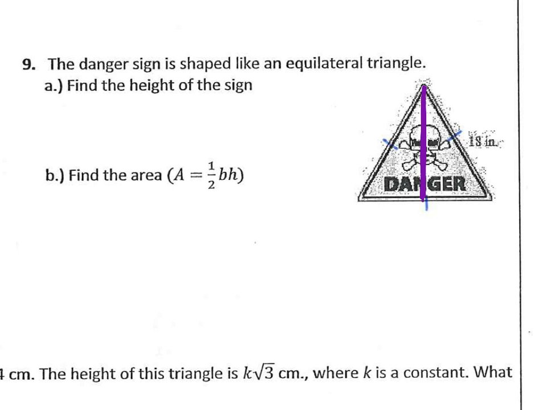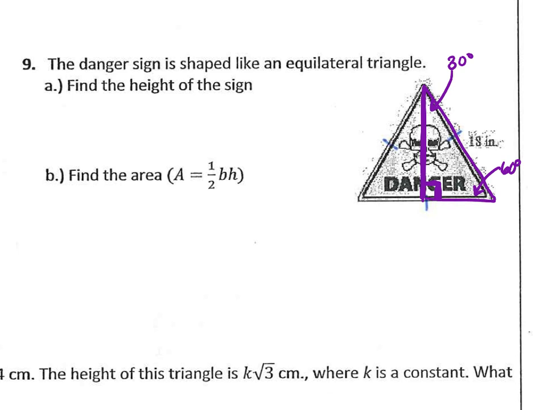What this problem wants you to realize is that since this is an equilateral triangle, this becomes your 90-degree angle. This is a 60-degree angle from it being equilateral, which means that this has to be 30 degrees for it to be an actual triangle. I know this sign is hard to write on top of because it's so dark.